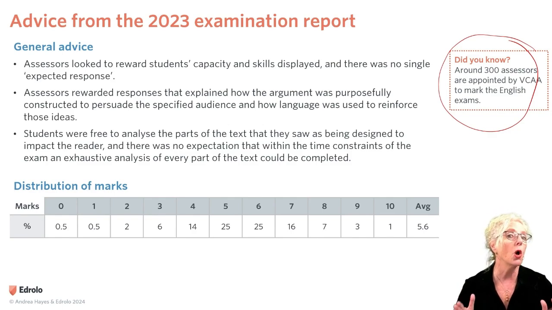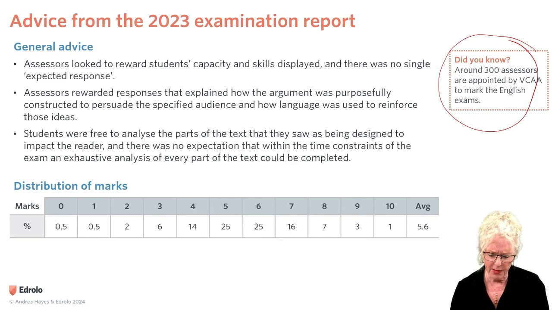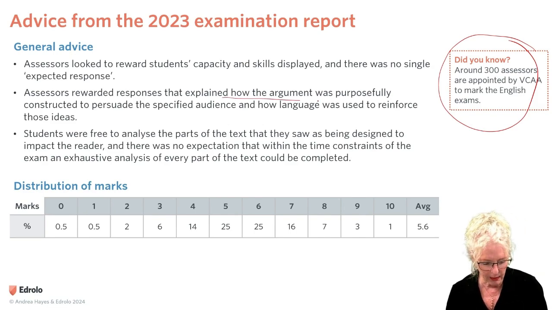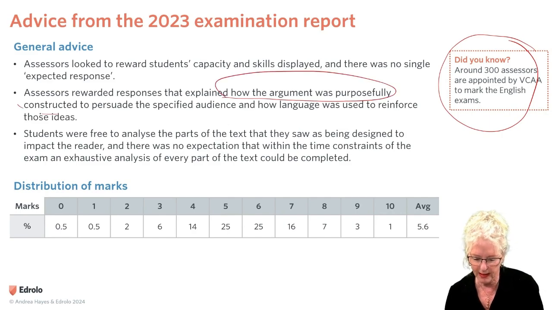And there is no single expected response. There is no set way to write an analysis, and there is no set contention, and students will have different opinions. And as long as you can support your interpretation, that's fine. Assessors rewarded responses that explained how the argument was purposefully constructed.